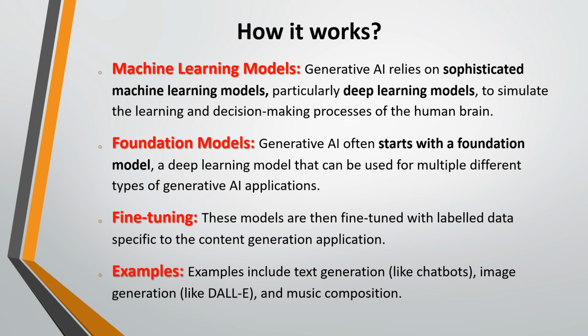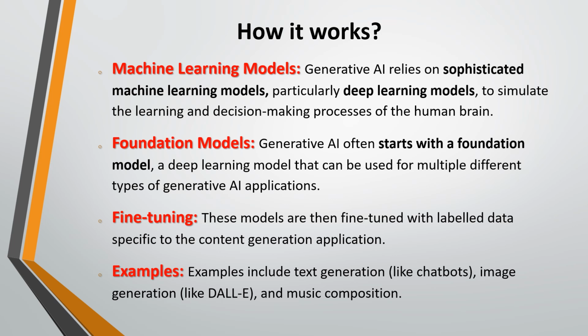There are foundation models. Generative AI also starts with the foundation model. So in this foundation model, basically AI tries to learn the basics of certain things, and then it applies that learning to the usage.